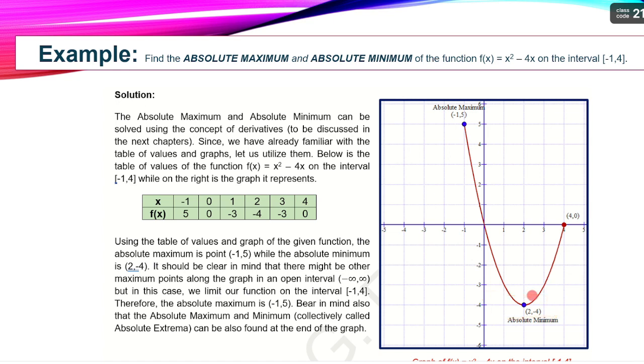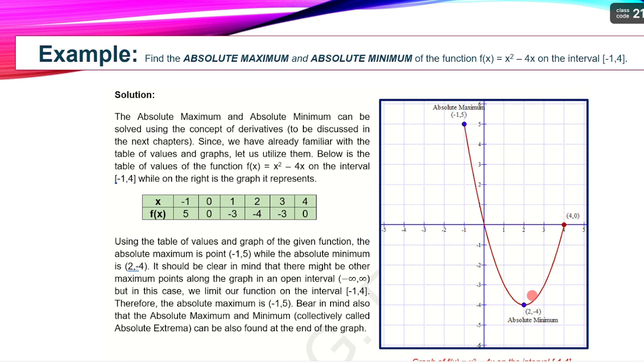It should be clear in mind that there might be other maximum points along the graph in the open interval. So, if we're going to consider negative infinity to positive infinity, it is possible that there are other maximum points.